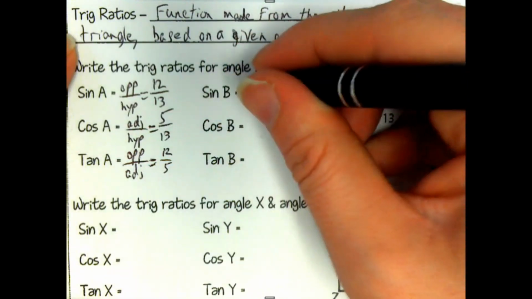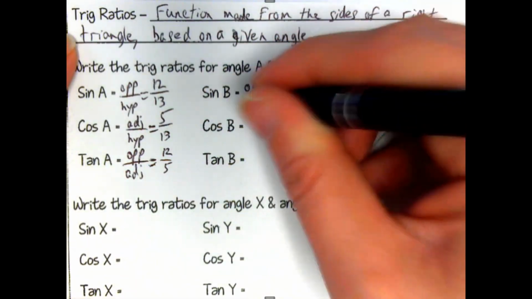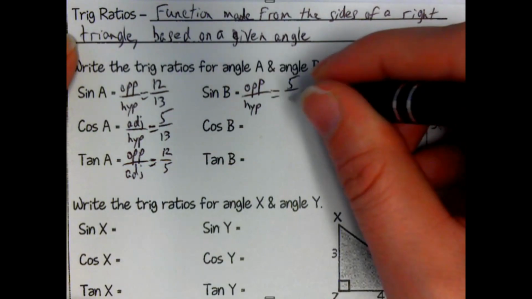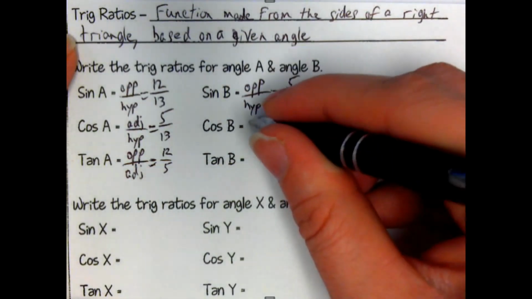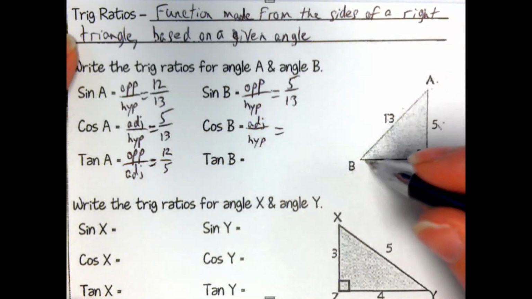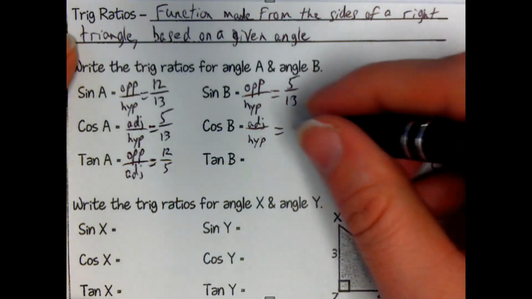And then sine of B, again, opposite over hypotenuse, which for B is 5 over 13. Cosine is adjacent over hypotenuse, which for B is 12 over 13.